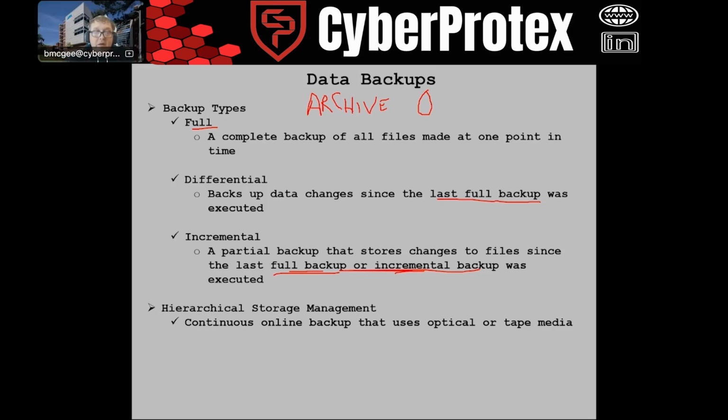The problem is with the differential backups, the archive bit is not changed once it's backed up. Why do you think that is with the differential backup? Anybody?